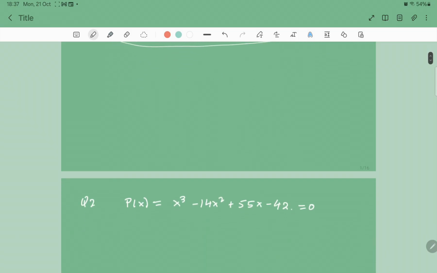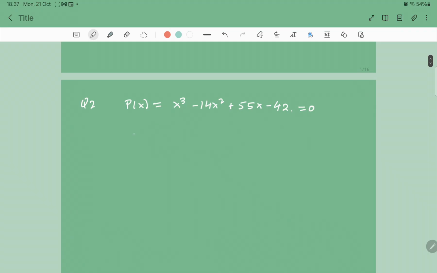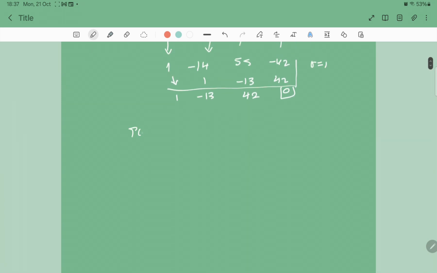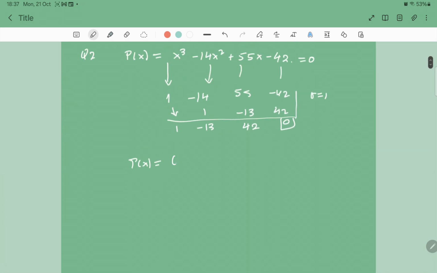I will do the same process for the rest of the ones. I take the coefficients. I take initial guess 1. P of x equals x minus 1 times x squared minus 13x plus 42.